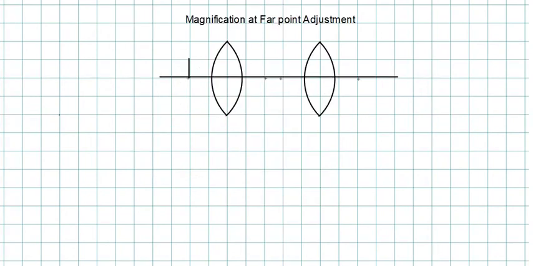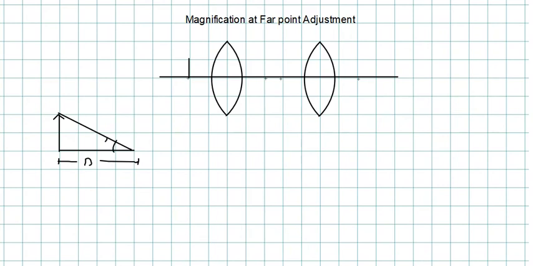Magnification of compound microscope at far point adjustment. Again, in a similar way we will proceed. So, first of all, always imagine that you are looking at the object AB directly without using the lens, then it will be formed at a distance D from your eye only, because you know this.